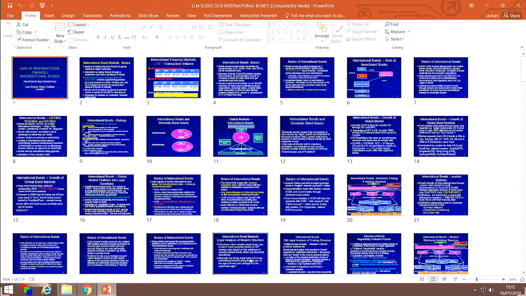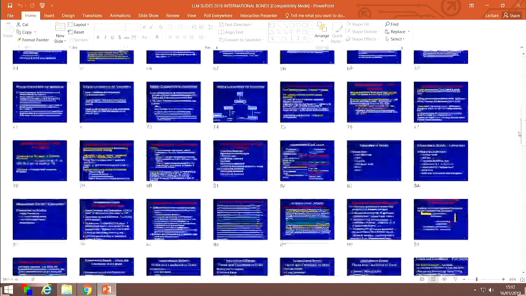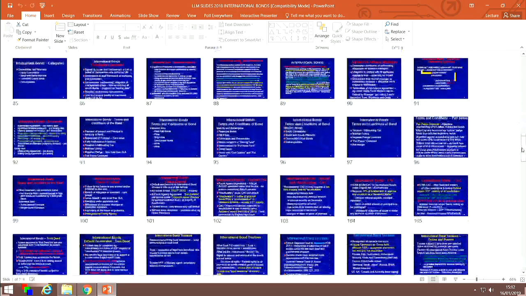We were looking at the structure of the bond instrument and the terms and conditions in the bond instrument, if I remember correctly. We walked through the basic provisions relating to payment of interest and the like, and the different types of clauses you'd expect to see.